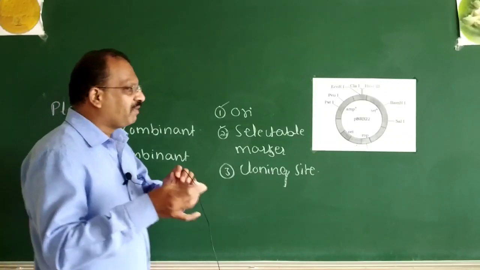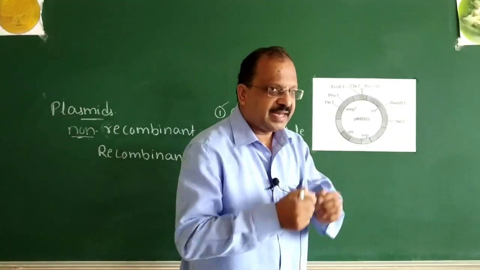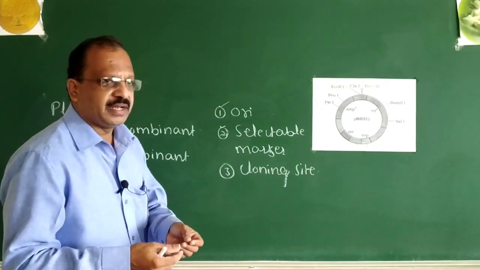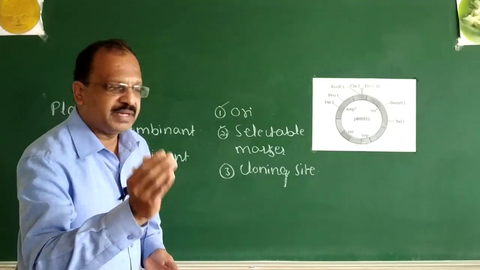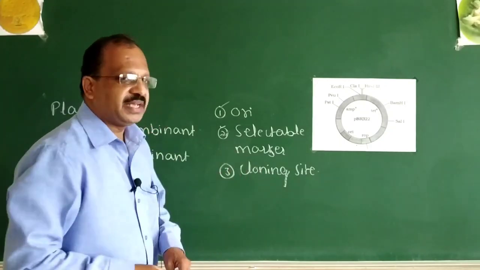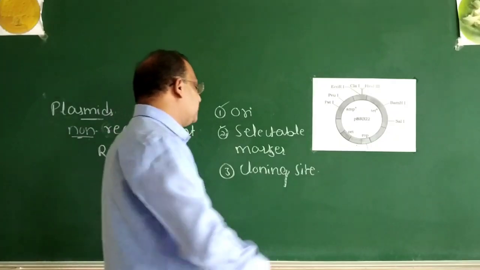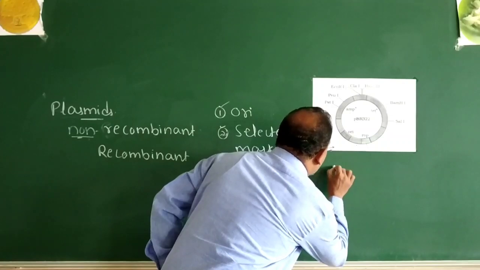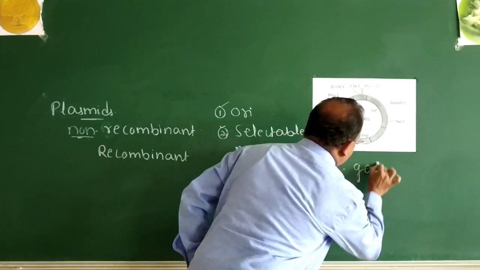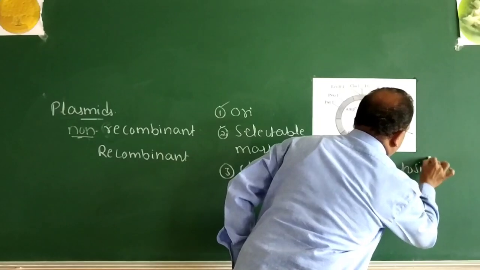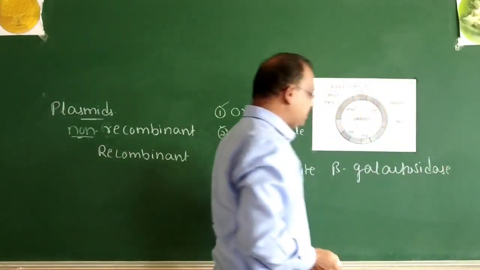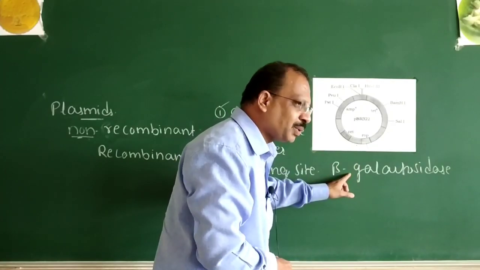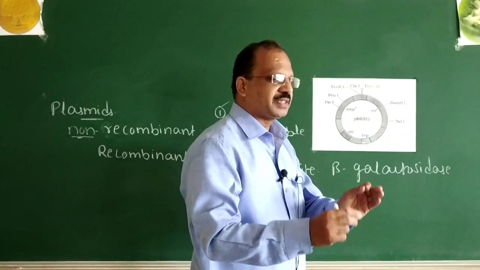First point, when the foreign DNA, or you can call it a recombinant DNA, is introduced into or ligated to beta galactosidase, it will lose activity.